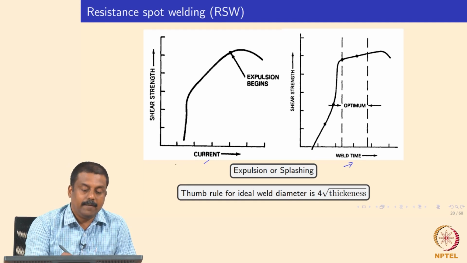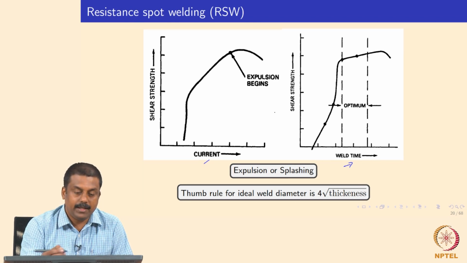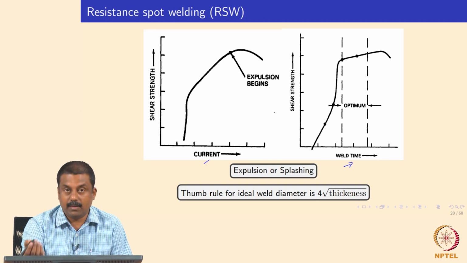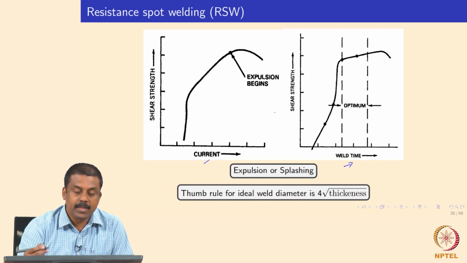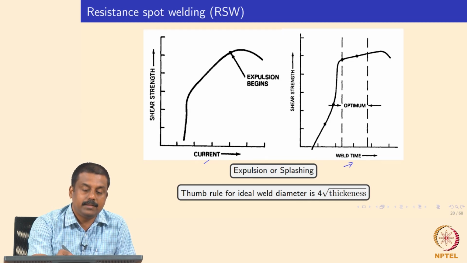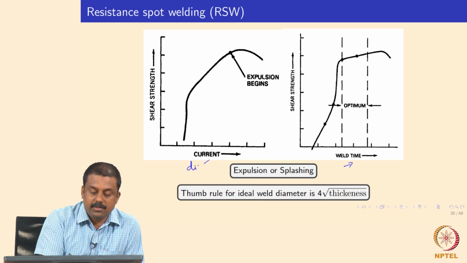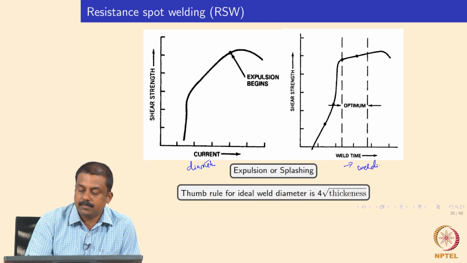And if you look at the shear strength, or the strength of the weld when you are applying a shear load, we will come to that in later slides, how we test the resistance spot weld for shear strength. But right now you can assume that if you increase the diameter, you will also increase the strength significantly. So basically the weld diameter will also change as a function of current and welding time.